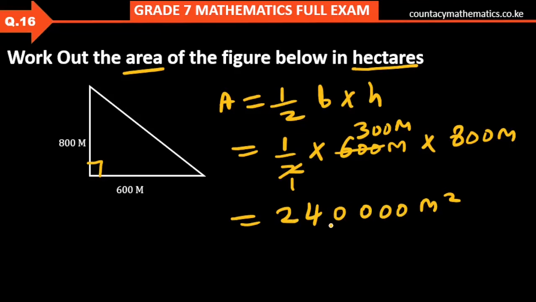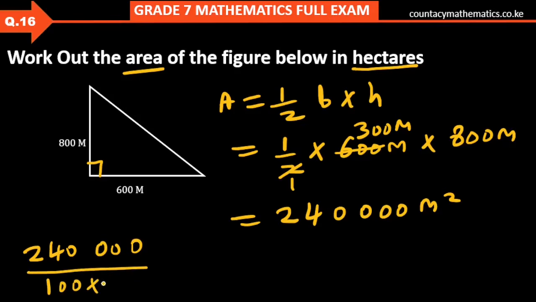But then we have to convert this into hectares. But how do we do that? To be able to convert that to hectares, we pick it the way it is, that is 240,000, and then we divide by 100 multiplied by 100 hectares. And the value that you are going to get here is going to be in terms of hectares. Let's go ahead and do this division. So we divide by 10, divide by 10, divide by 10, divide by 10, like that.